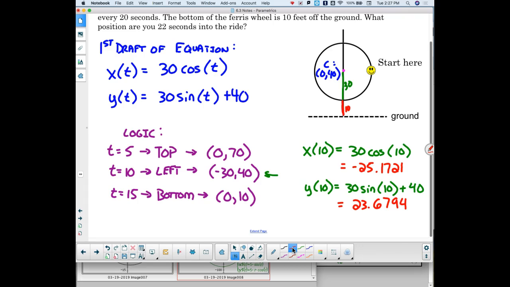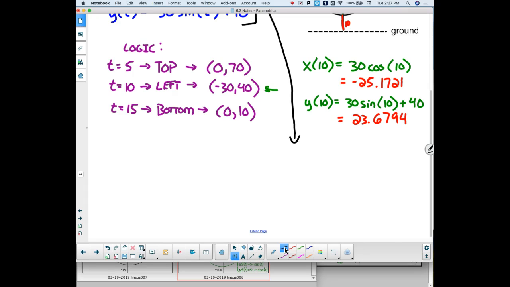So what needs to happen here is we need to adjust our two equations to fit the period.